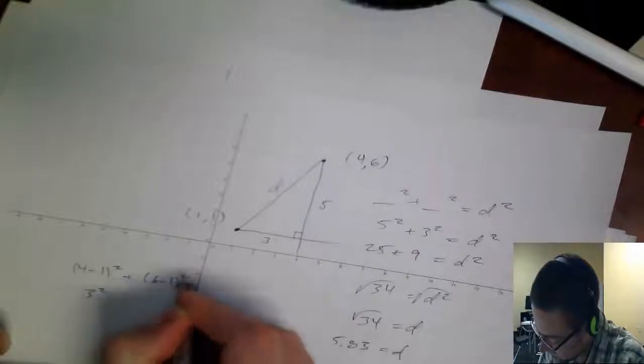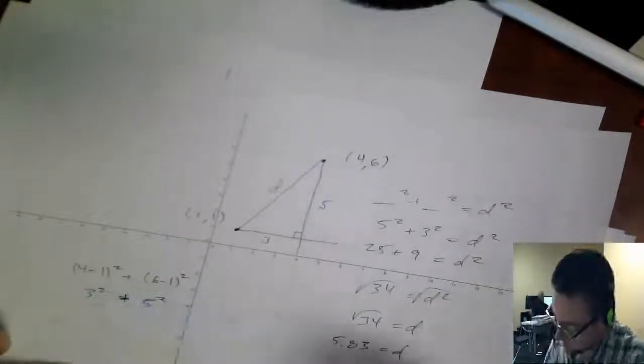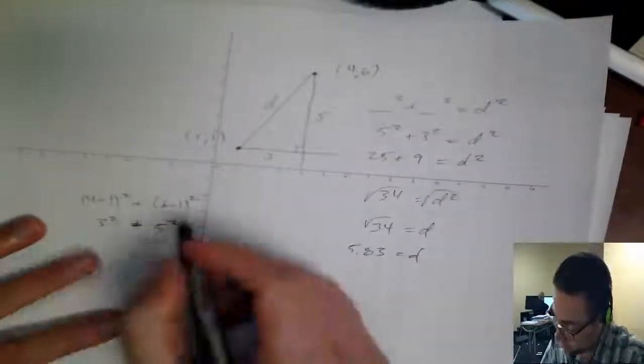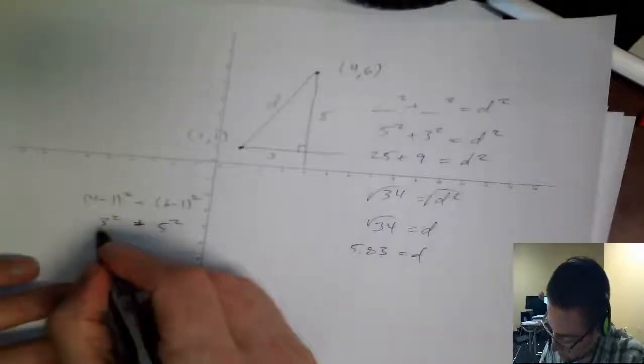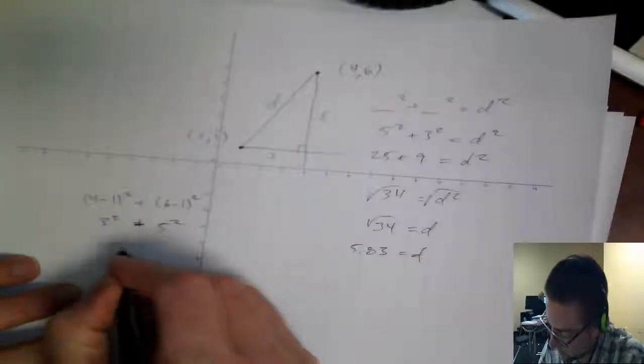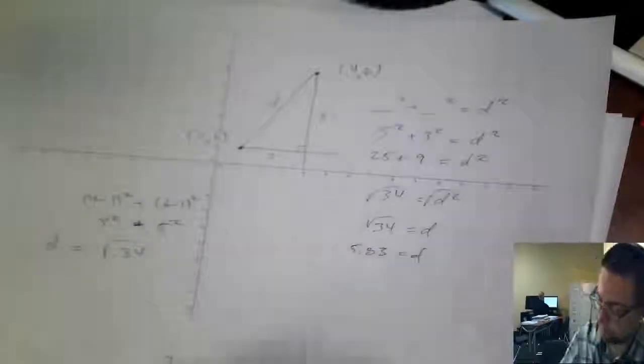And the difference in the y values, so 6 minus 1, which was 5, plus 5 squared. And that's exactly what I did, didn't I? But I switched the order, but it doesn't matter because they are commutative. Okay, so 3 squared plus 5 squared, I got 34, and the square root of that is d.